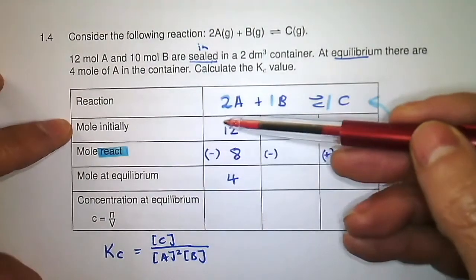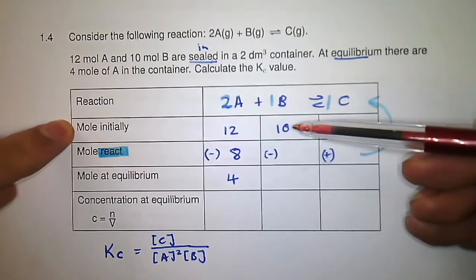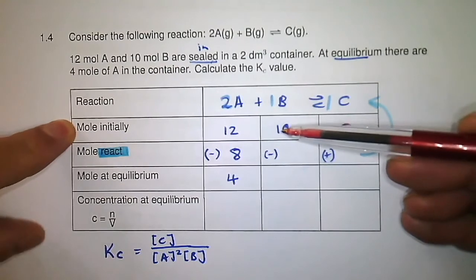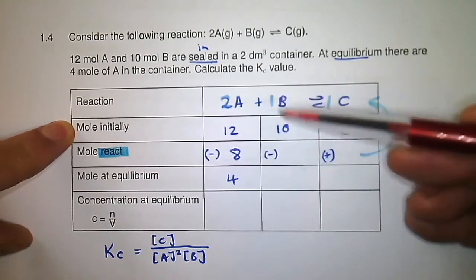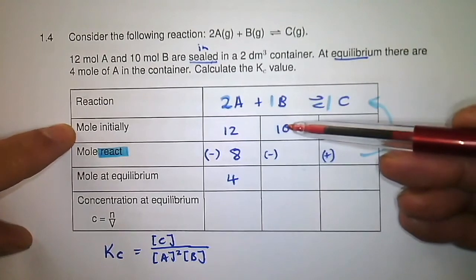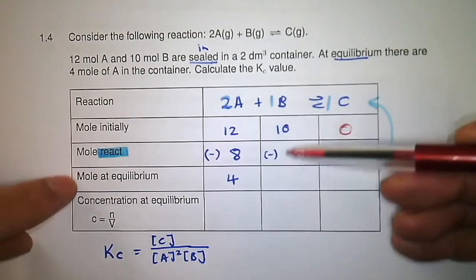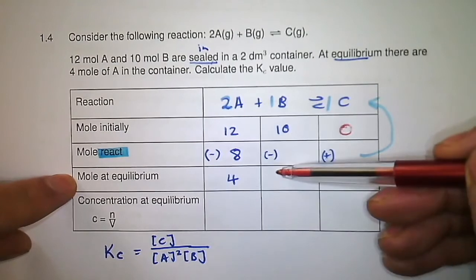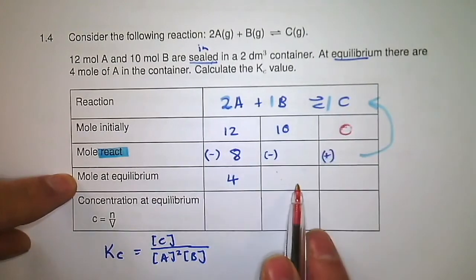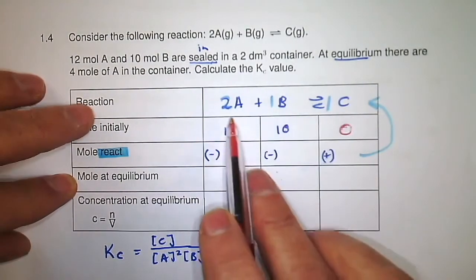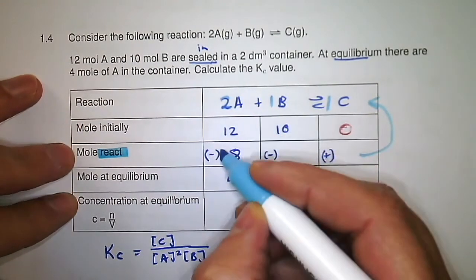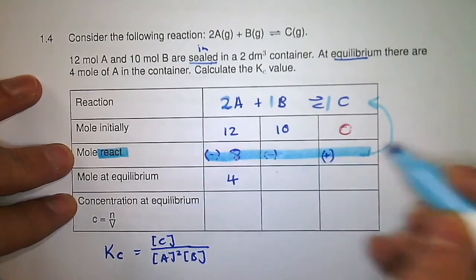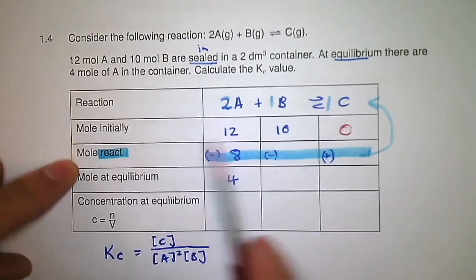Remember, the first one was what you put in, and that depends on what the person putting it in decided to put in. It's got nothing to do with the equation. And also, if he put a lot of B extra, then I will have at equilibrium a lot of B extra. So here it won't be in the ratio 2 to 1, and neither will the equilibrium row. The only row that will be in that ratio is the react row.